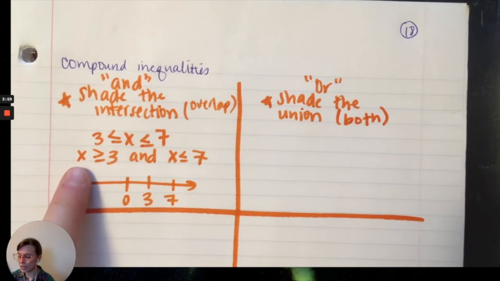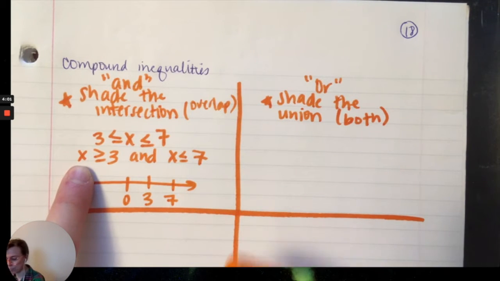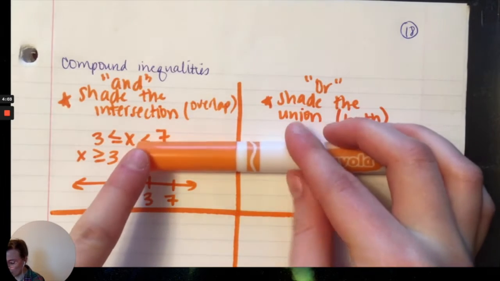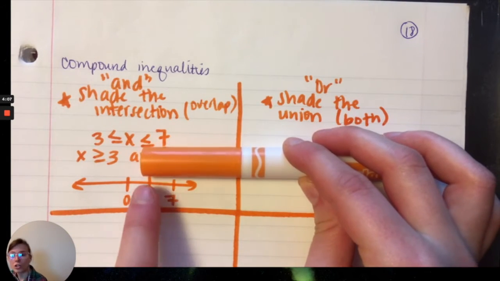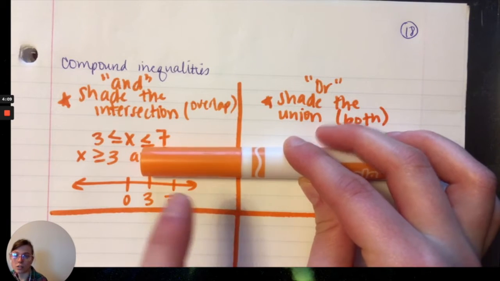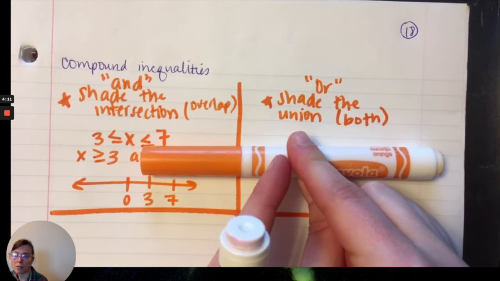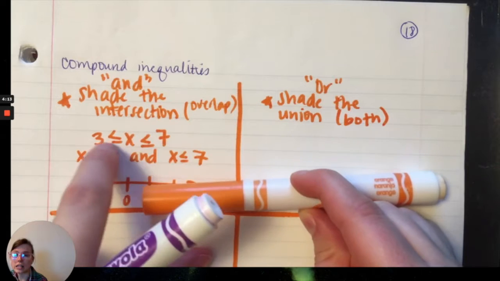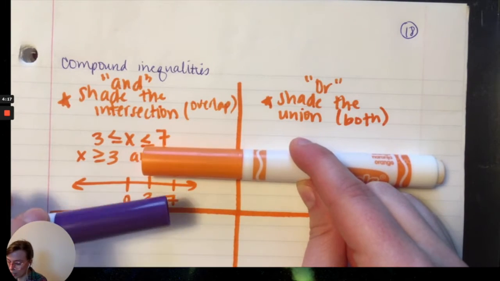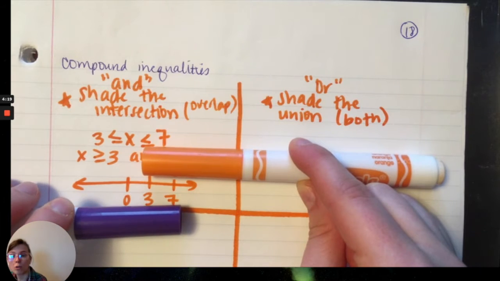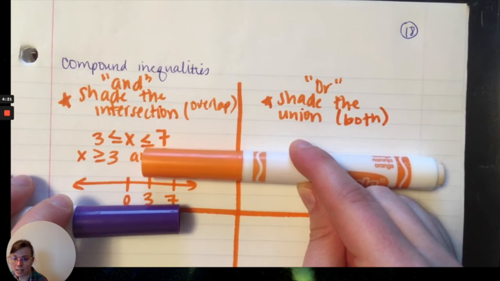So when x is greater than or equal to 3, that is like a number line starting at 3. Yes, this will be a closed circle, starting at 3 and going all the way to the right. So that's why I'm starting with 3 and going to the right with my marker. When x is less than or equal to 7, that's the same as a marker starting at 7, yes, a closed circle, going to the left because it's all less than 7.